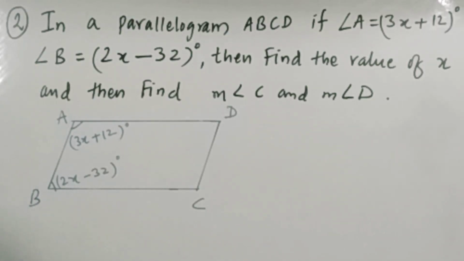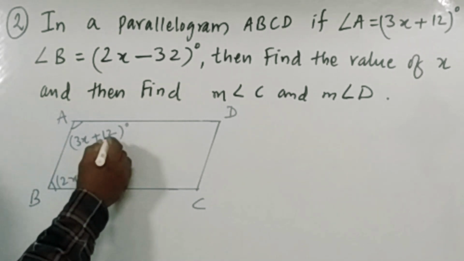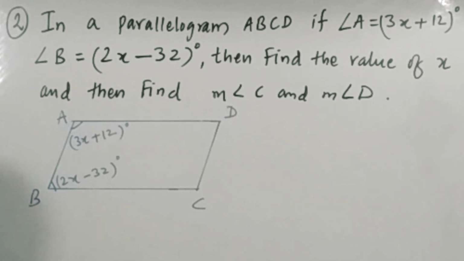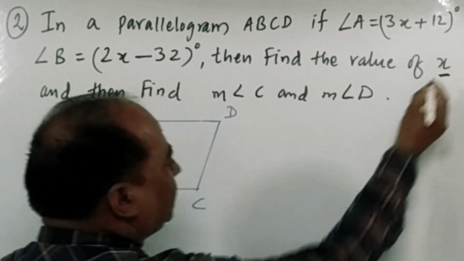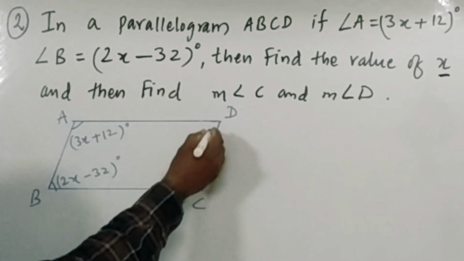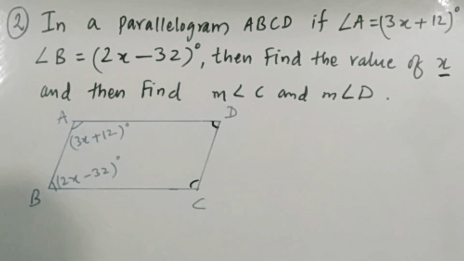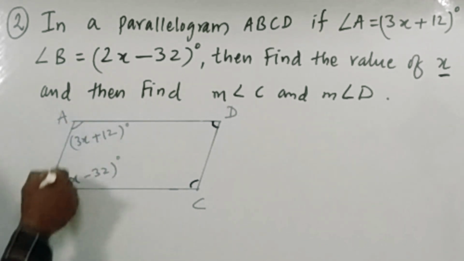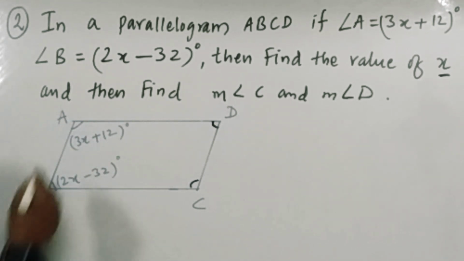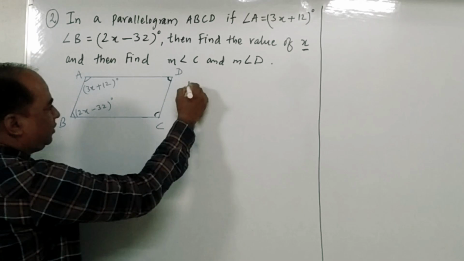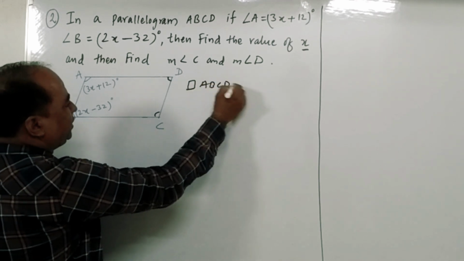Second example: in parallelogram ABCD, if angle A is equal to 3x plus 12 degrees and angle B is equal to 2x minus 32 degrees, then find the value of x and then find the measure of angle C and angle D. Now, in this quadrilateral ABCD, angle A and angle B are supplementary angles.